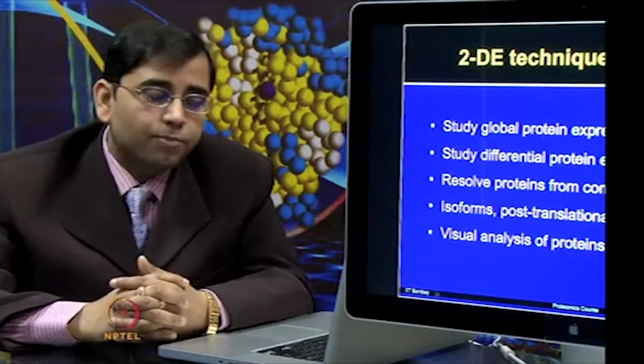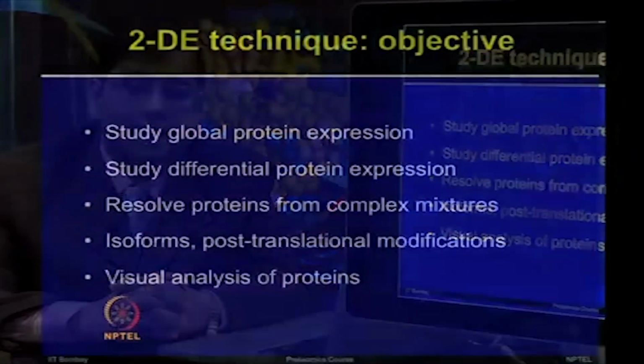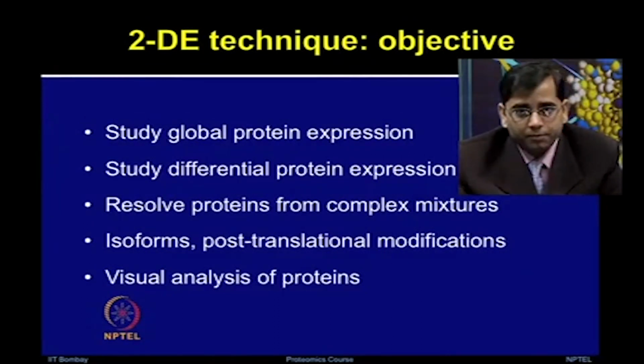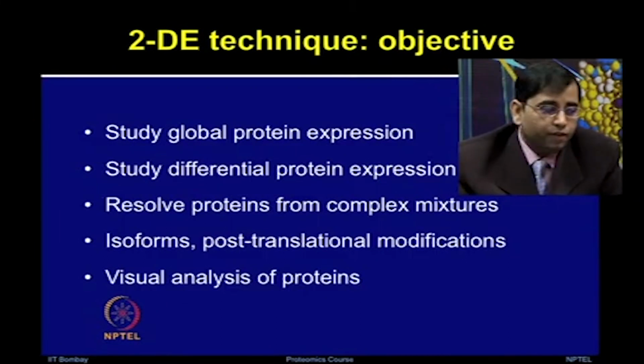Second thing, which is most commonly being used, is you want to compare the protein abundance from a given sample to a treatment sample. So, that is known as differential protein expression, also known as abundance based proteomics.